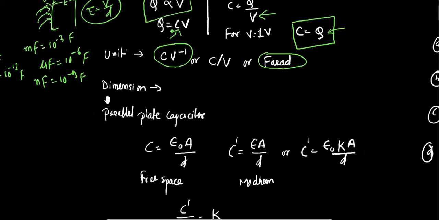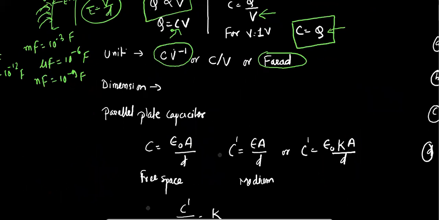Now we are going to discuss the dimension. Here I am going to derive the dimension of capacitance. As we know, capacitance equals charge per unit potential. So first I am going to solve the dimension for potential. We know that potential equals work done per unit charge. The dimension of work done is M L squared T minus 2, since we multiply the force with the distance.